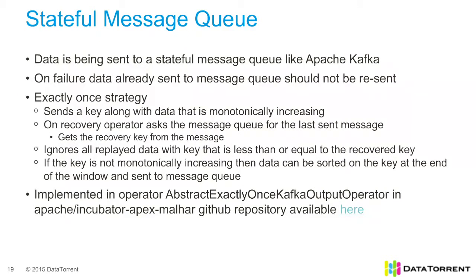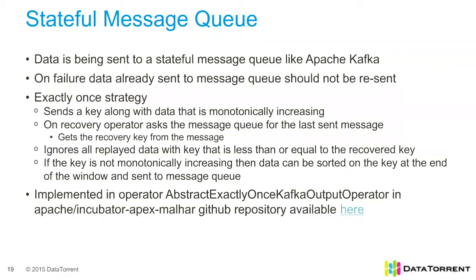So here, the way we achieve exactly once is that we send a key along with the data that's monotonically increasing. On a recovery, the operator would ask Kafka on that topic and partition to give the last message, and from the last message, it will retrieve the key.